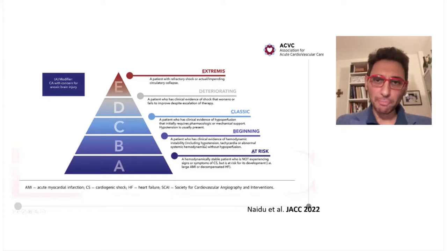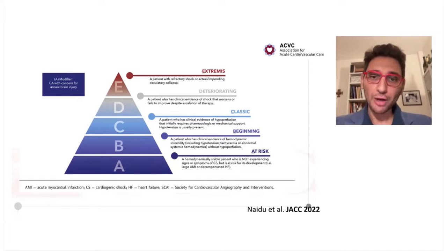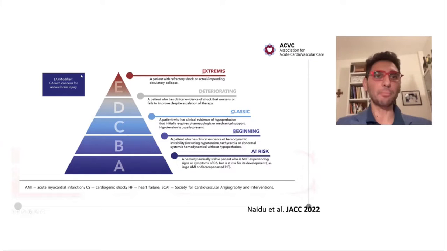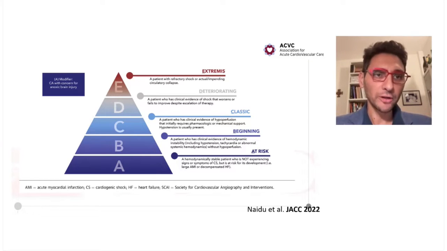Patients in stage B are patients with hemodynamic instability, including hypotension and tachycardia, or different signs that point us toward the possibility of shock, but we don't have evidence of hypoperfusion, which defines stage C. So a patient in shock starts at stage C, and then we have the 2 stages that we want to avoid: patients in stage D and E, who are deteriorating, and patients who are in a refractory shock that has of course the worst prognosis, with this useful concept of having cardiac arrest as a modifier.